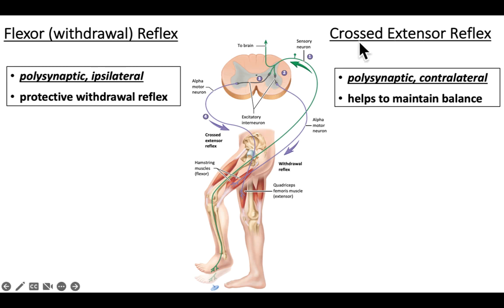So this is called a crossed extensor reflex. So we flex to remove this foot. We extend the opposite leg in order to maintain balance. So it's polysynaptic, but the key here is it's contralateral. All right, we want to go to the opposite side in order to maintain balance.